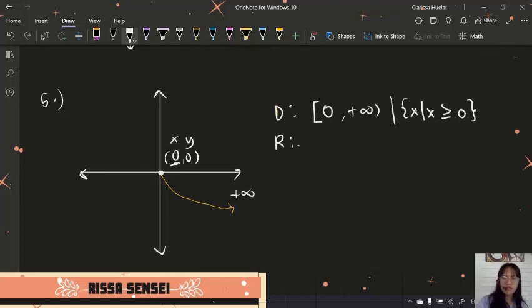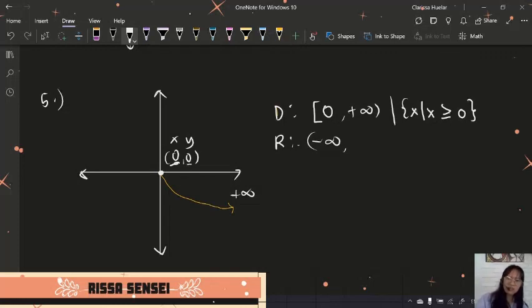How about the range? Yung range natin, saan siya, ano yung direction niya? Papuntang pababa. Pumapuntang pataas, umikot lang. So, pababa yan. So, ibig sabihin, nagsimula siya sa negative infinity. Hanggang saan lang?